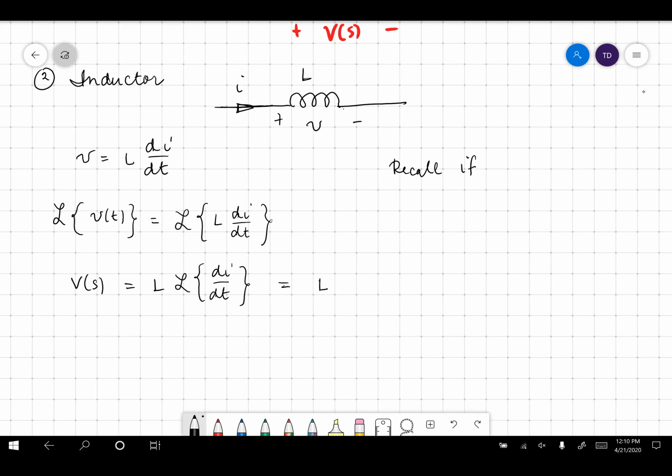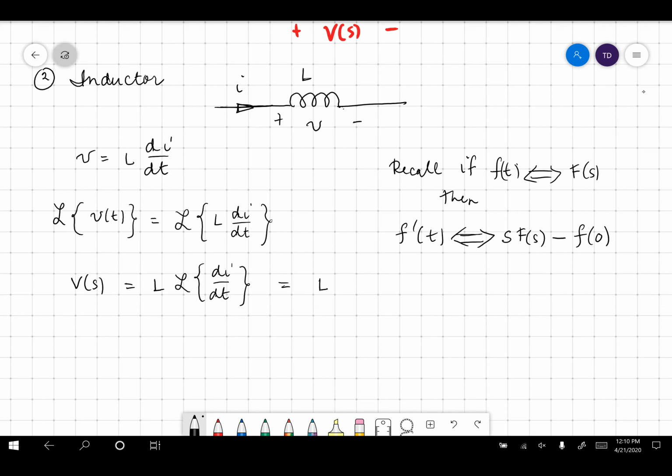If f of t transforms into F of s, then f prime of t transforms into s F of s minus f at 0.